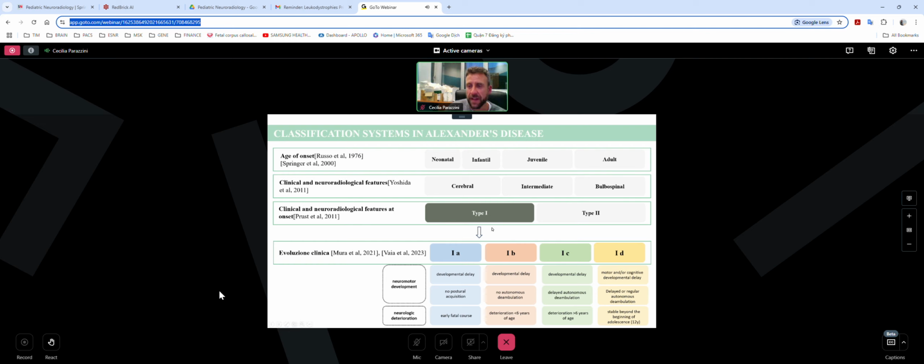And then we have a milder presentation, which is named here type 1D. In this case, patients present with motor, but in some cases even only cognitive, developmental delay. They acquire autonomous ambulation, sometimes at a regular age, and they remain stable beyond the beginning of adolescence.